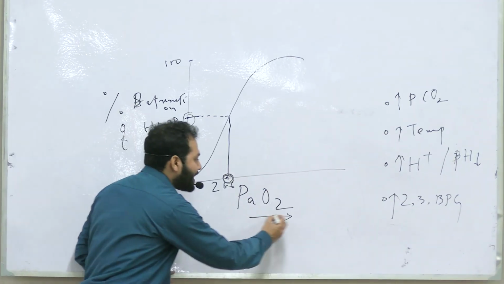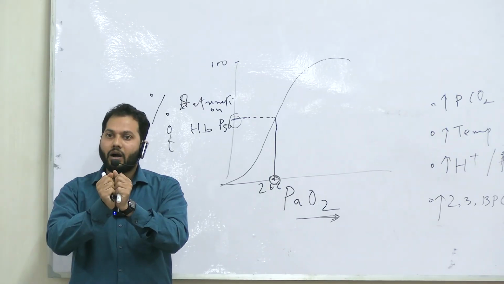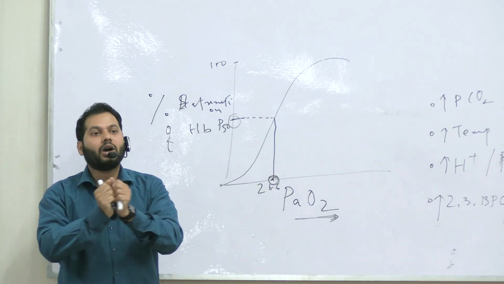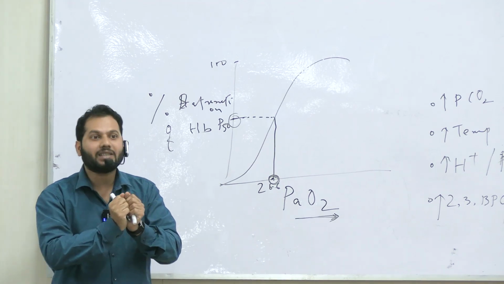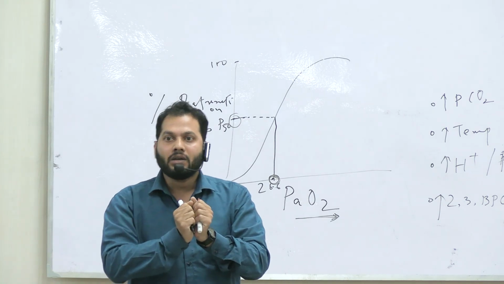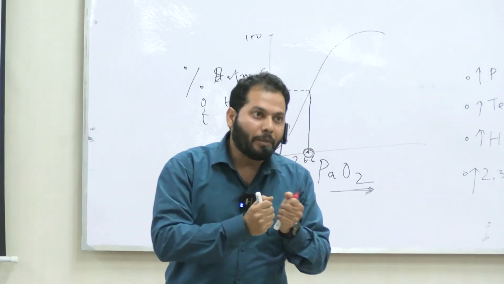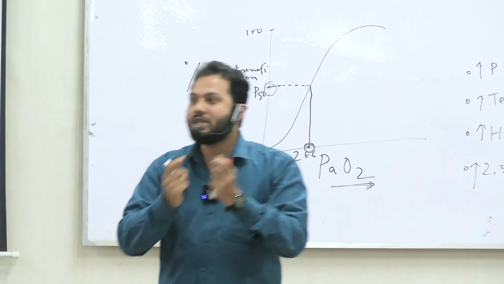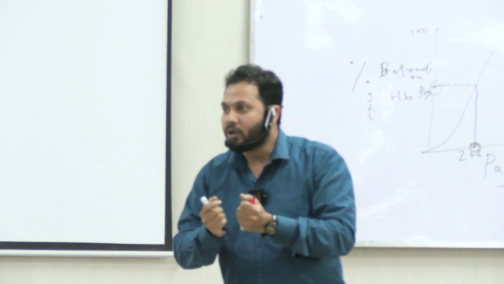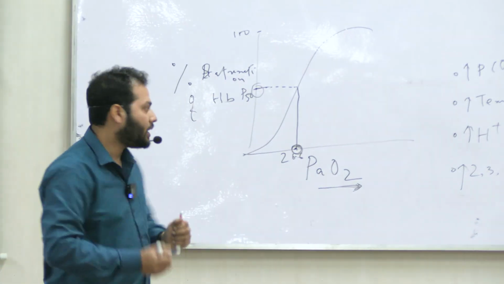If it shifts towards the right side, it means the affinity of oxygen with hemoglobin is less, so hemoglobin will unload more oxygen to the tissue, which is required for cellular respiration, right?